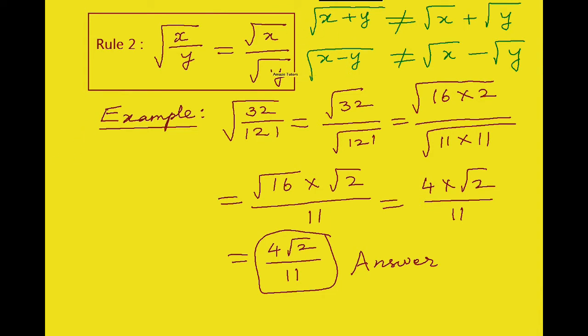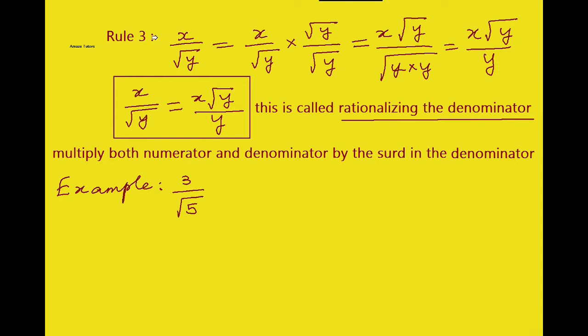Now let's look into rule 3. Whenever it is given like this, x over root y, it's possible to simplify. This is also called rationalizing the denominator. We know that a surd is an irrational number. So to avoid the surd in the denominator, we try to rationalize that.